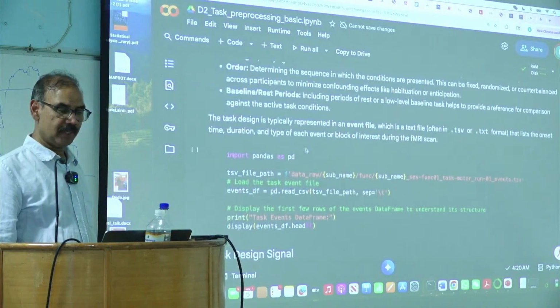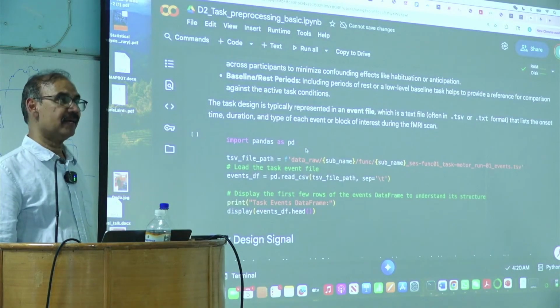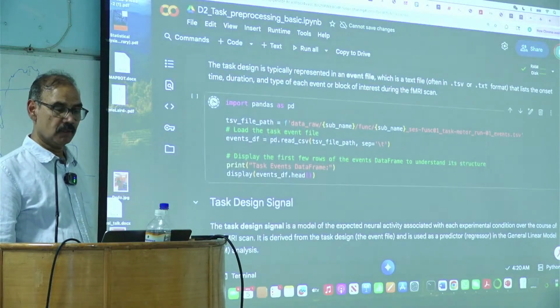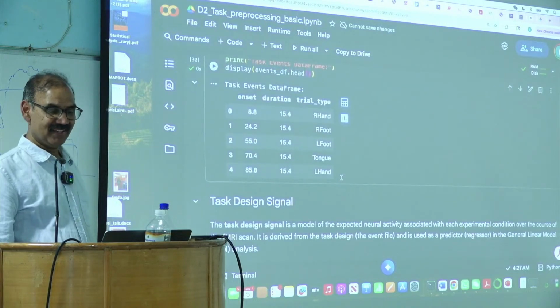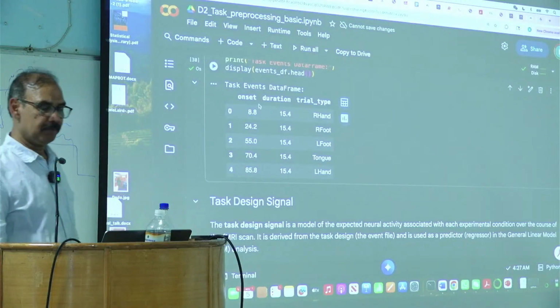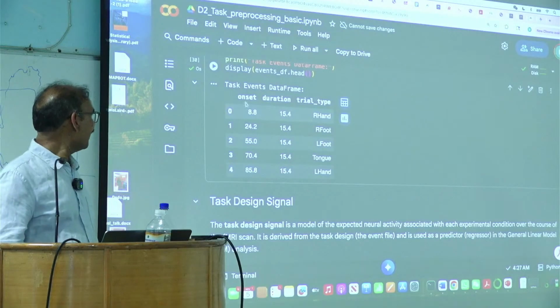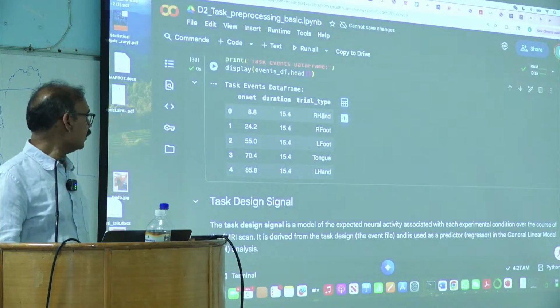all the sensory motor regions, and not just those pertaining to finger tapping. And so the TSV file that was provided has that information. The TSV has onset from 8.8, duration 15.4, right hand.